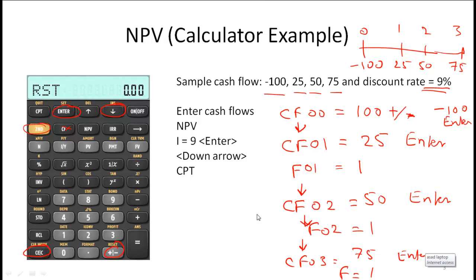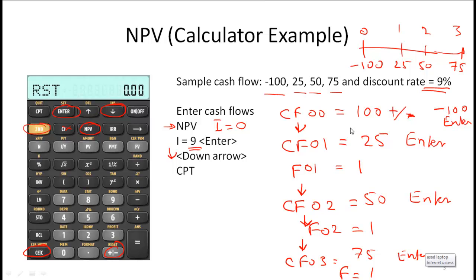So the way you do that is, after having entered the cash flow, you press the NPV button, which is right here, and you will notice that when you press the NPV button, you will see I equal to 0. What you do there is put in 9 for the interest rate and hit enter, and then you hit the down arrow, and after that you hit compute, which is top left, and this will give you the NPV.